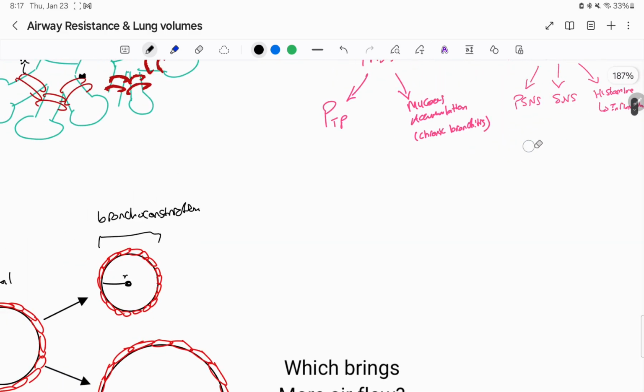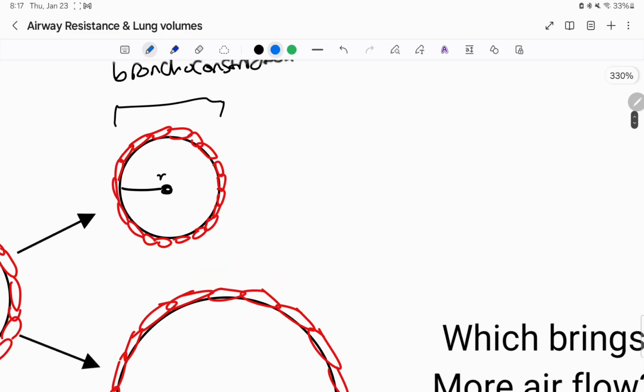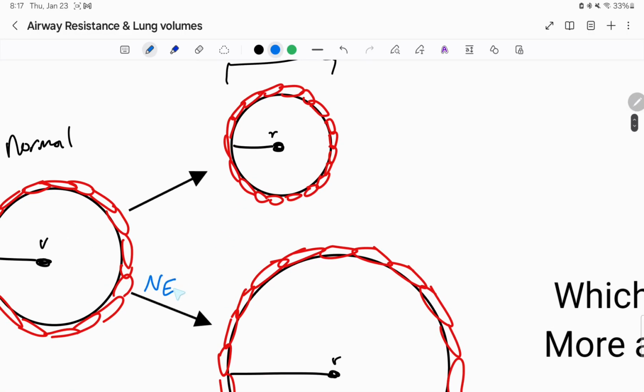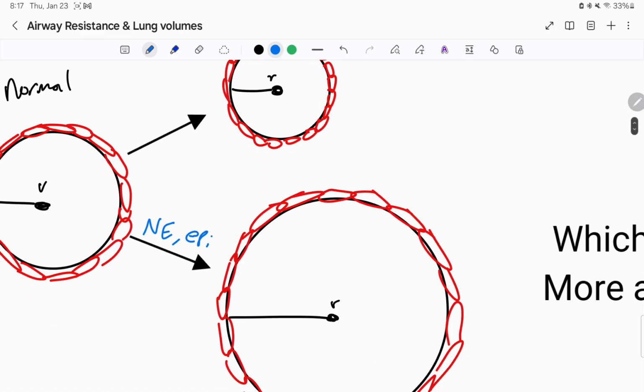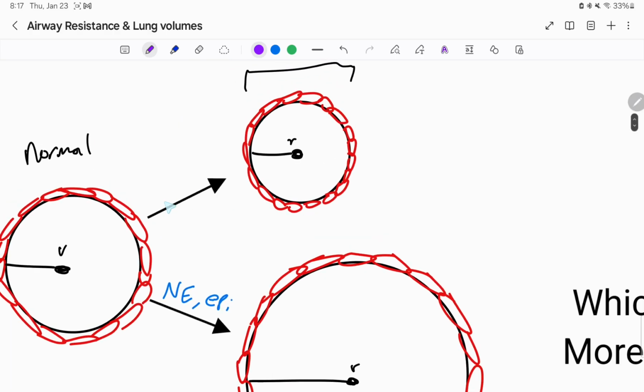How does the sympathetic, parasympathetic, and histamine play a role here? So the sympathetic nervous system is going to release a couple of neurotransmitters and hormones, including norepinephrine and epinephrine, okay? Whereas the parasympathetic nervous system is going to release something like acetylcholine.